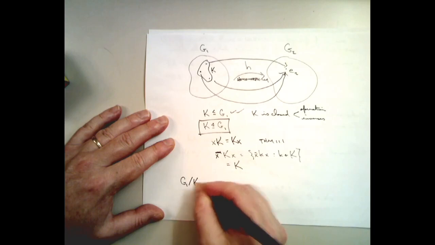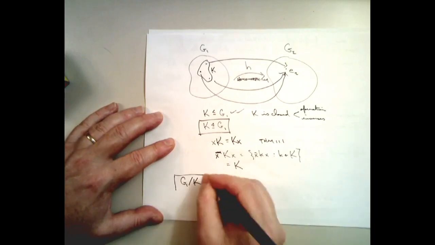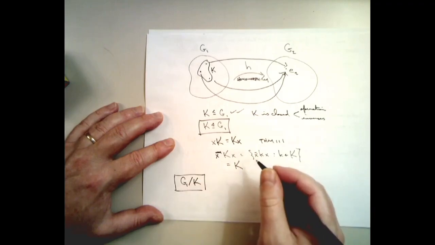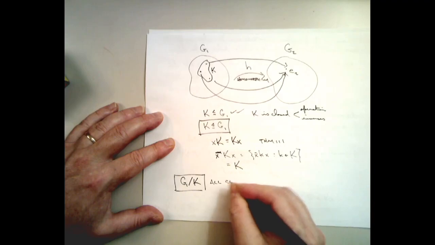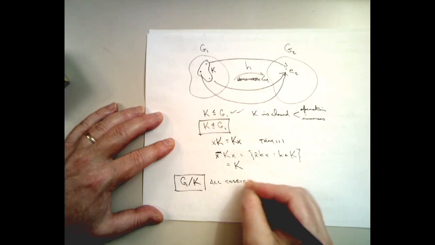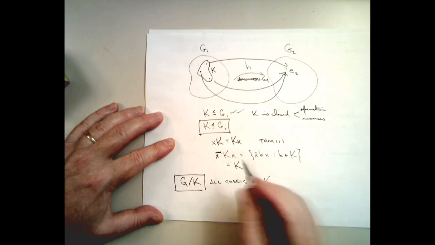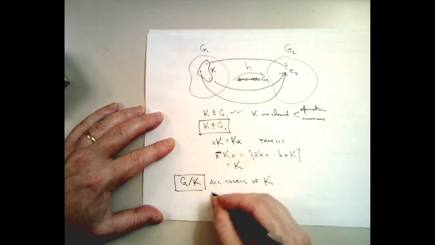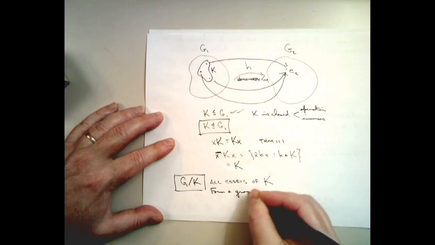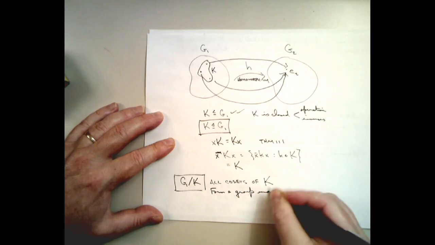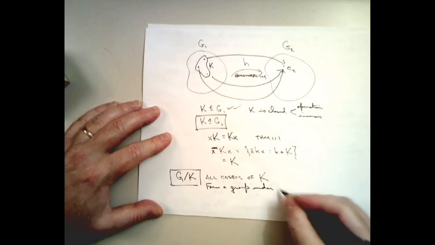The significance of that is that I now know that I can talk about G1 mod K as a group, right? This is the set of all cosets, remember? All cosets of K, and these form a group under coset multiplication, or set multiplication, if you like.